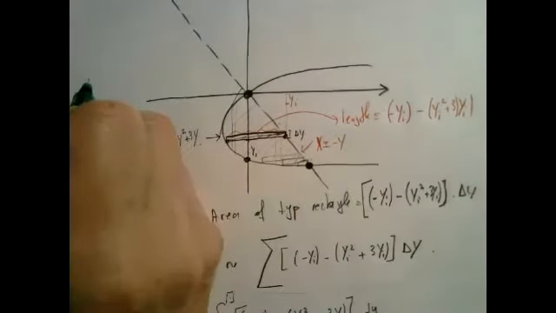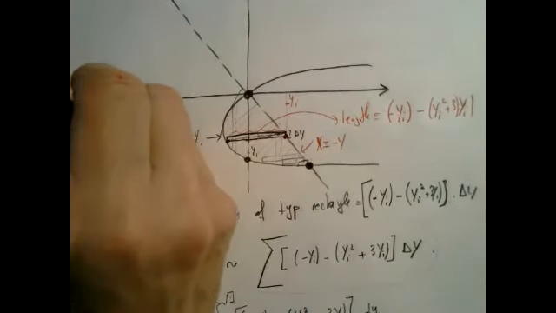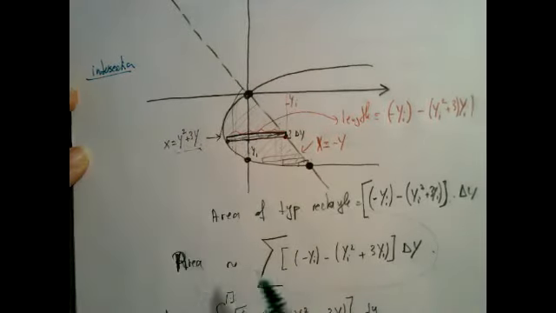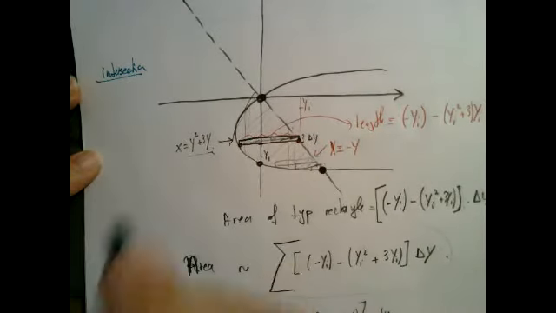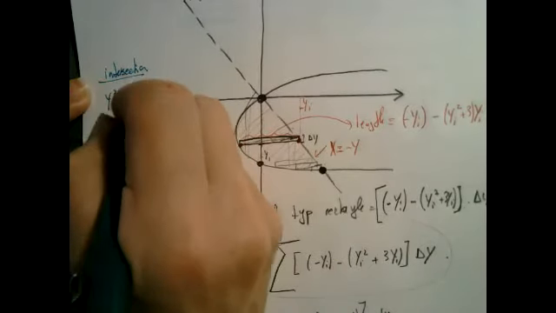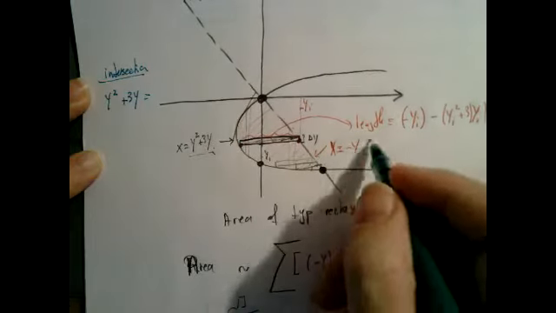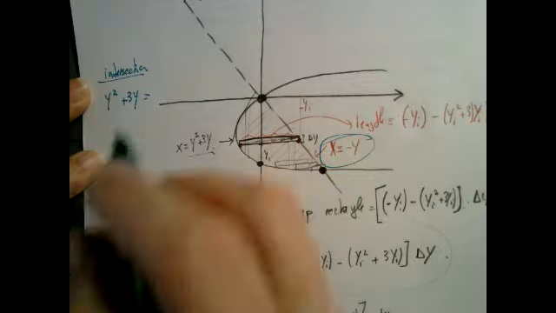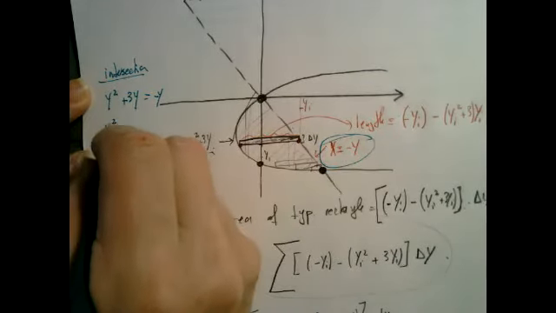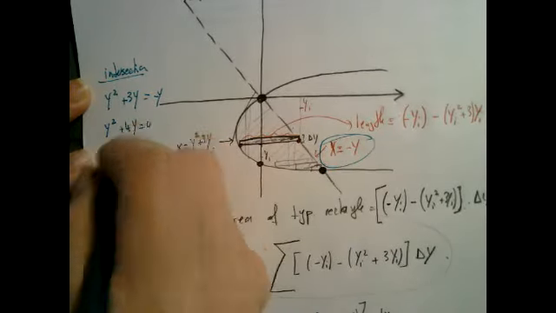So intersection: negative y equals y squared plus 3y. Right, I have to equate the x's. So I will set y squared plus 3y, that's the x from one curve, equal to the x from the other curve, which is the minus y. This would give me y squared plus 4y equal to 0.